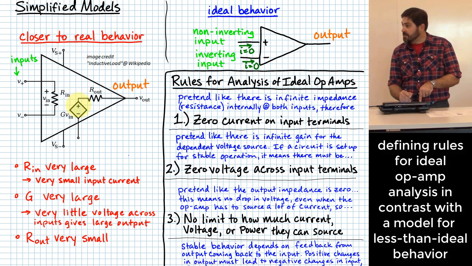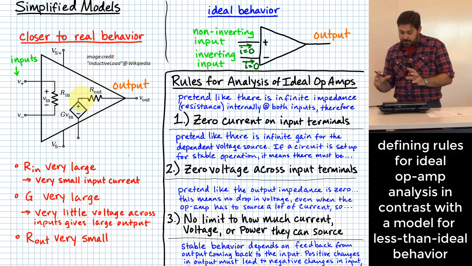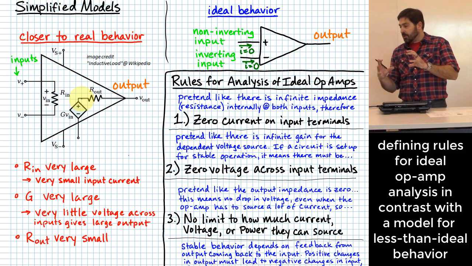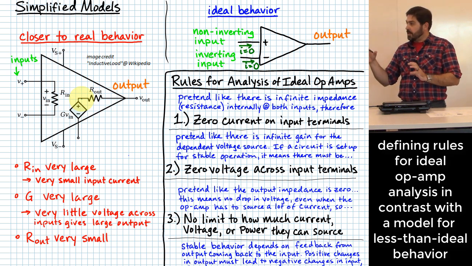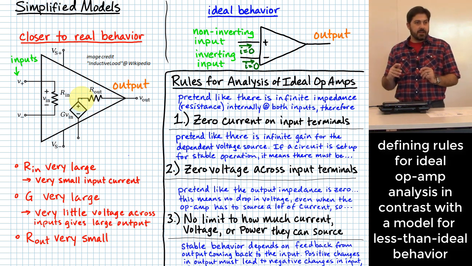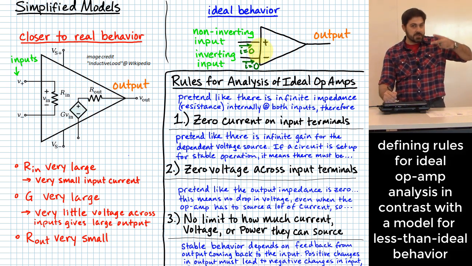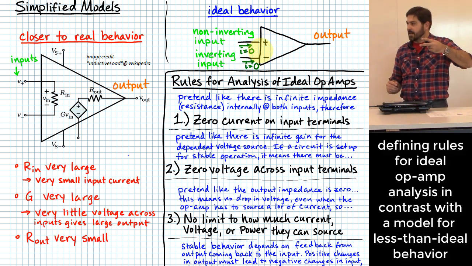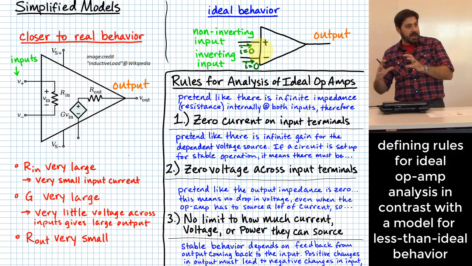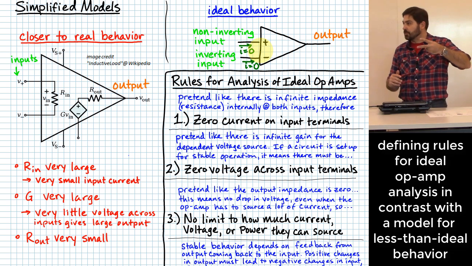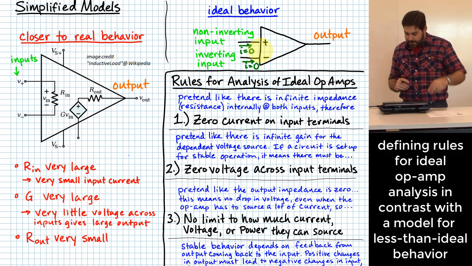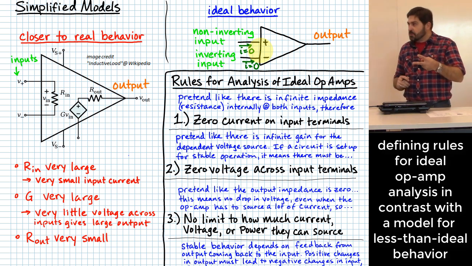So what it does is actually the rest of the circuitry that you're going to hook up to this op-amp is going to help to balance that and essentially try to make the two input terminals reach 0 volts across them. That's functionally what happens with one of these op-amp circuits. It's going to react by trying to put those two voltages equal to each other. Okay? So that's the first two rules.